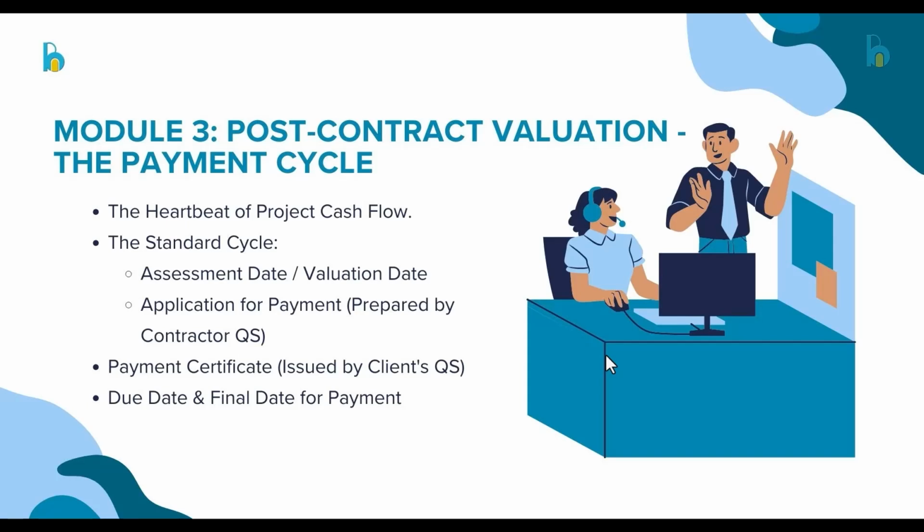Because if payments are not released on time, according to some of the contracts, the contractor can claim for damages for not being paid on time, and he can also claim for extension of time, because untimely payments can also affect the duration of the contract. So it is very, very essential to know when to pay the contractor.